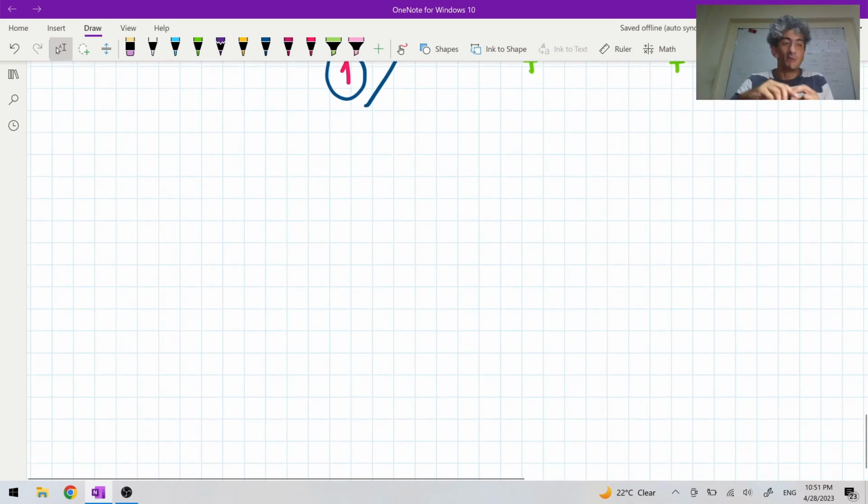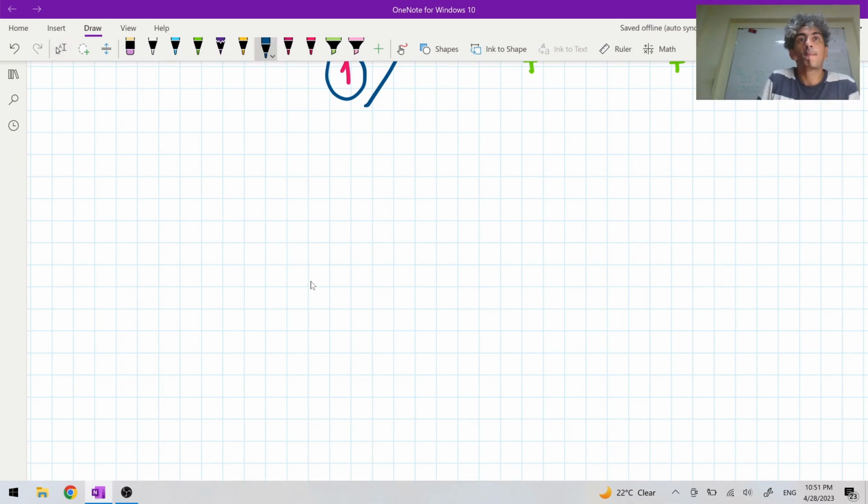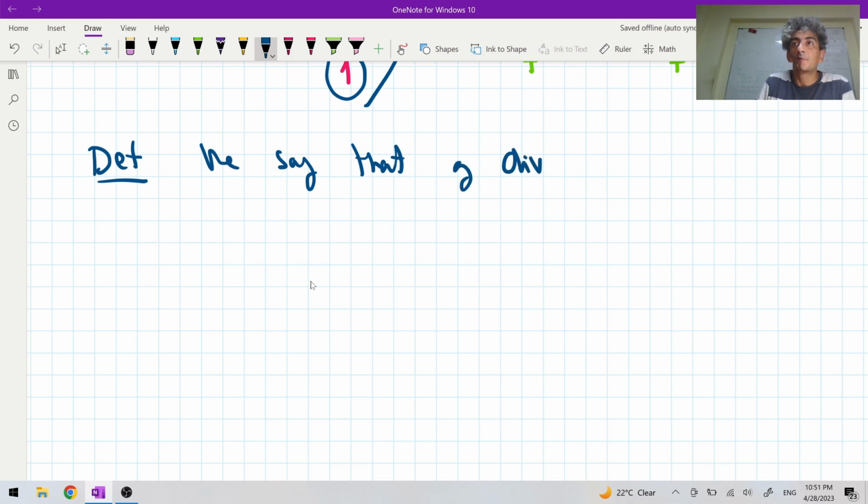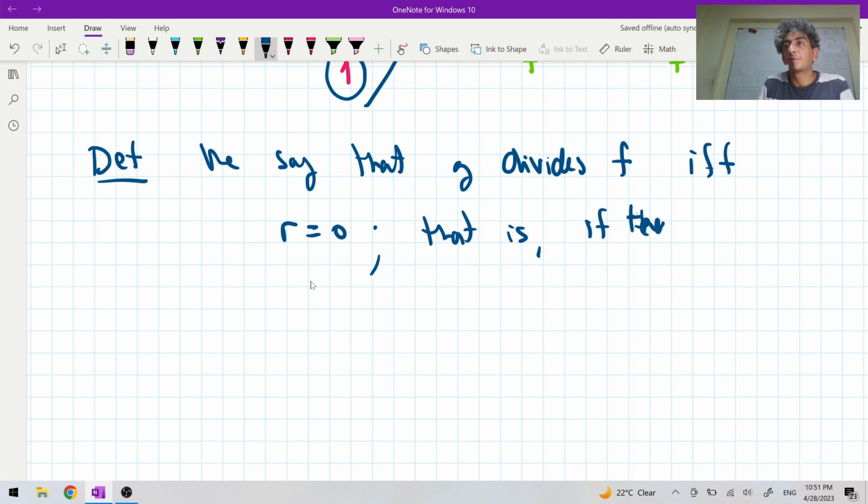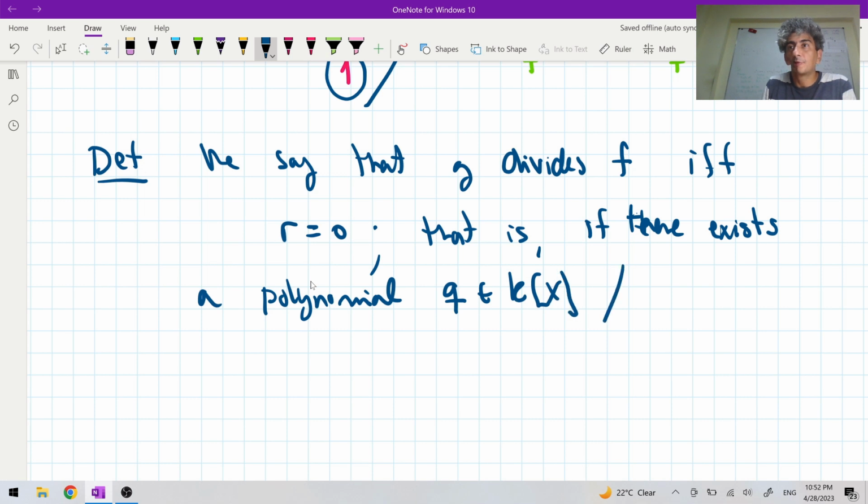Let's go with some definitions. We say that g divides f if and only if r is 0, that is, if there exists a polynomial q in the same set of polynomials such that f equals q times g.